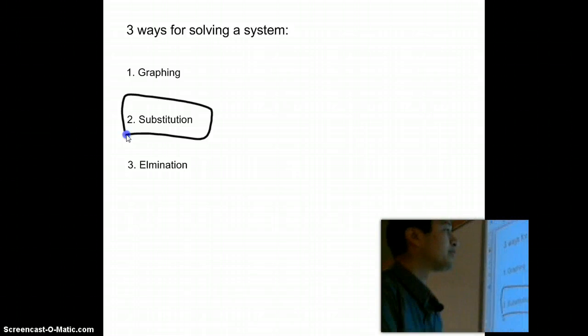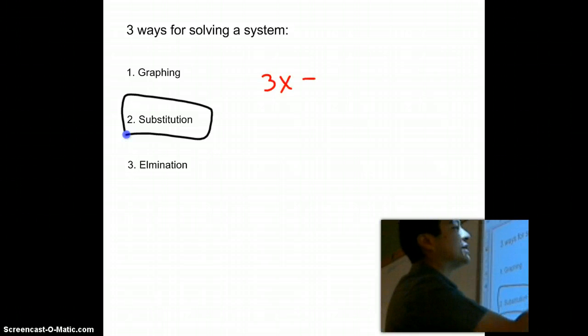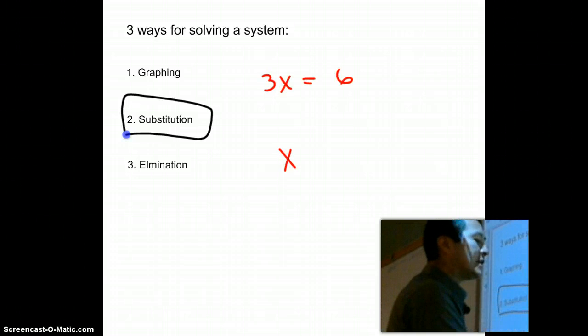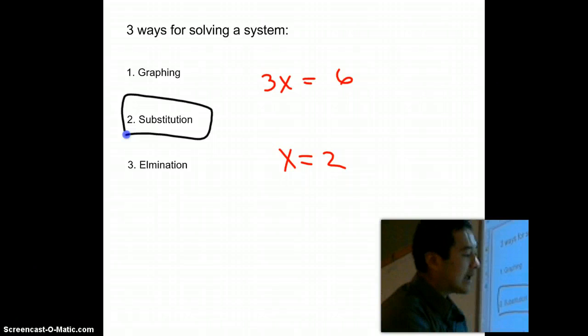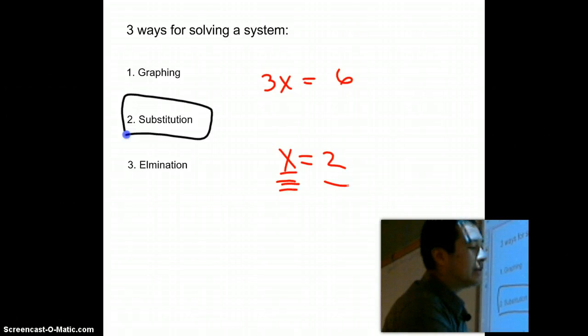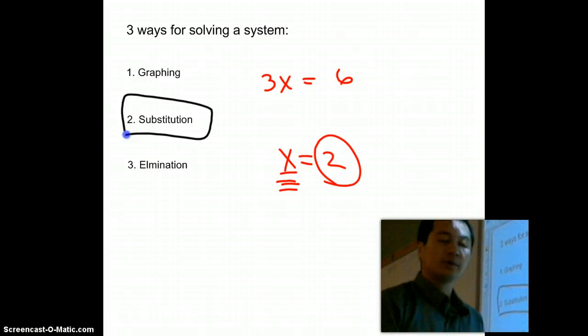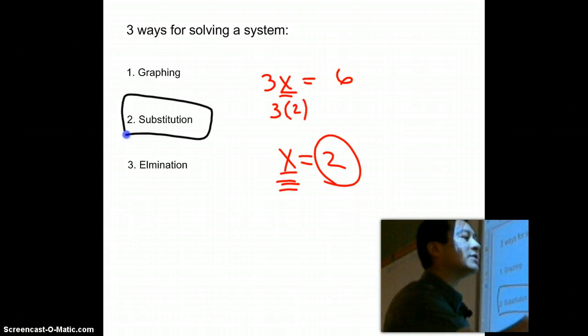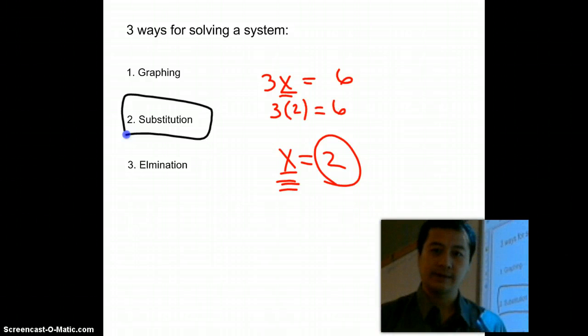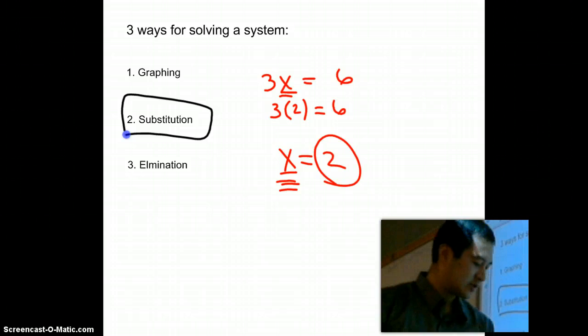For example, if I have 3x equals 6 and I say x equals 2, that means every time I see an x, I can put a 2 in that spot because they're equal value. X equals 2. I see an x right here, I could take that out and put a 2 there, so 3 times 2 equals 6. Do you understand the idea of substitution?